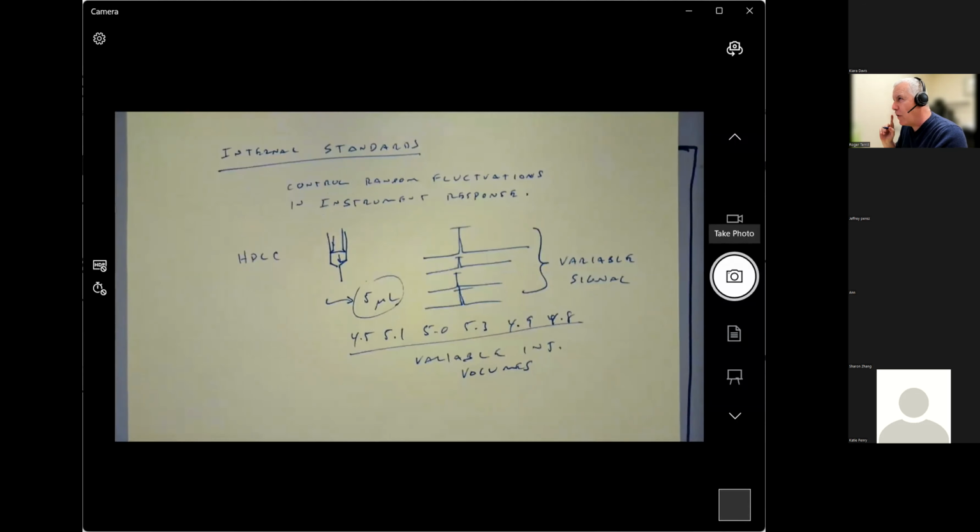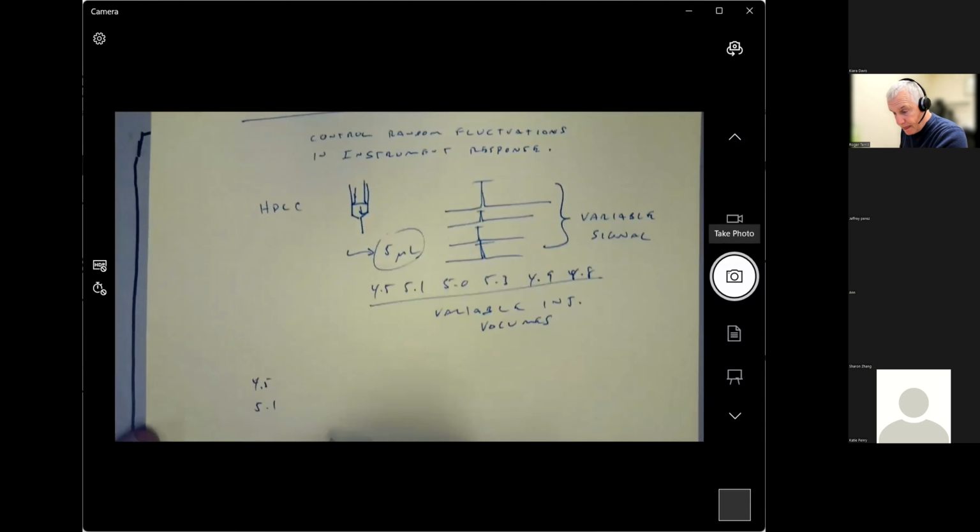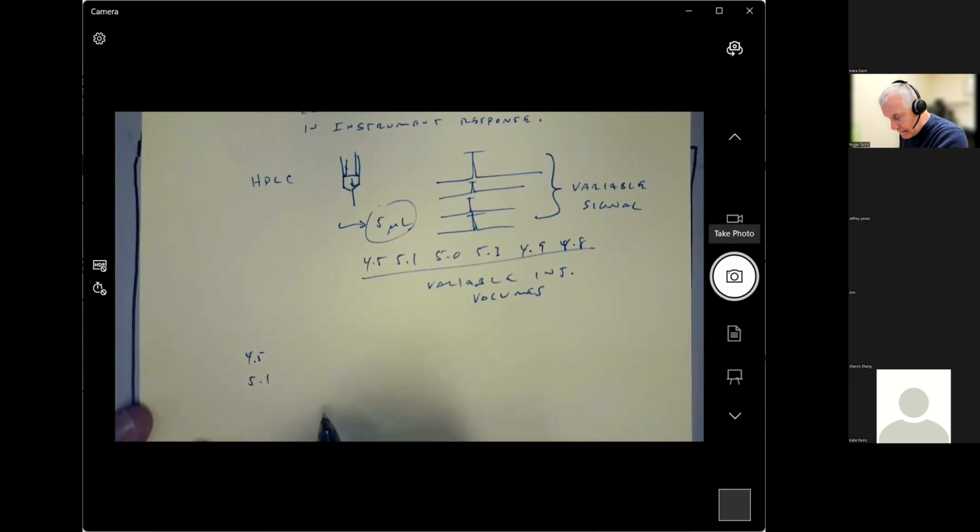Okay, just focus on adding another component right now, right? So you can say, well, we got 4.5, 5.1, whatever. And then this goes to a peak height of 100. And then this goes to, I'm sorry, a peak height of 90.